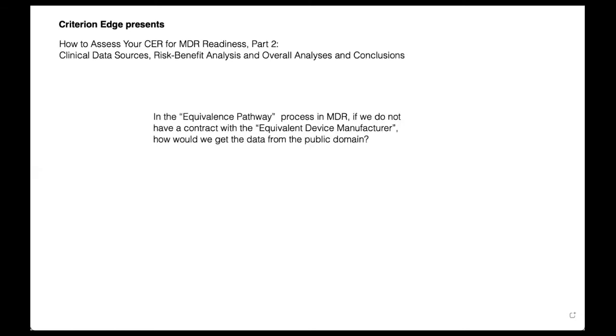In the equivalence pathway process in MDR, if we do not have a contract with the equivalent device manufacturer, how would we get the data from the public domain? I'm going to make this a really simple answer. You don't.